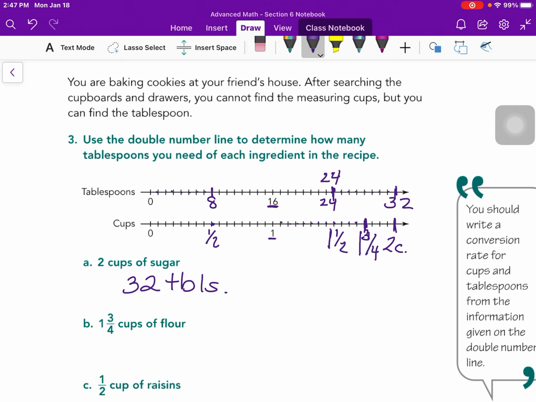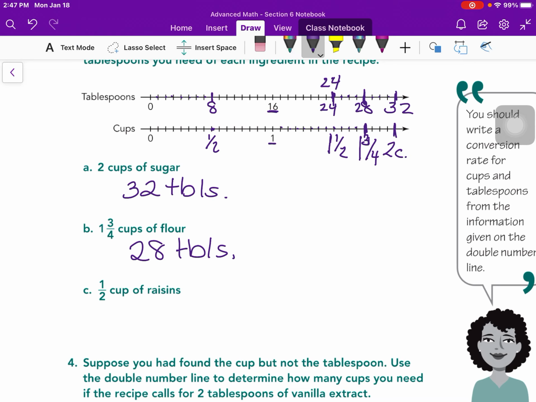And here's 24, 25, 26, 27, 28. So that's going to be 28 tablespoons. And let's see, a half a cup of raisins would then equal 8 tablespoons of raisins.